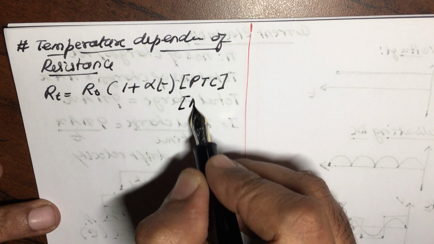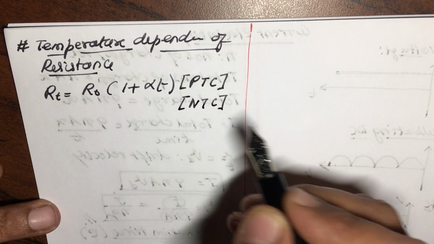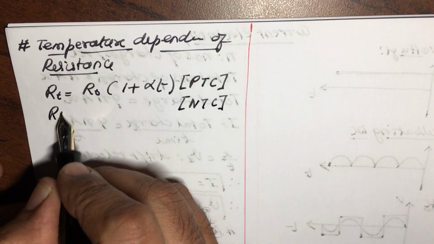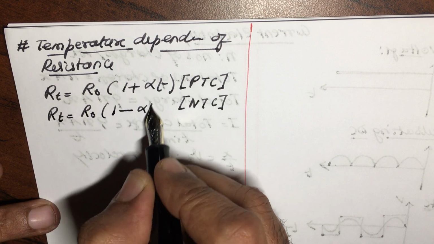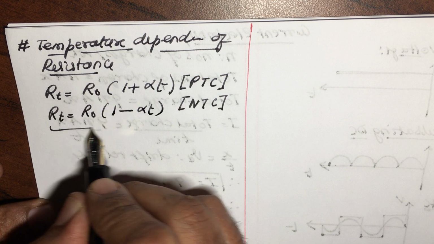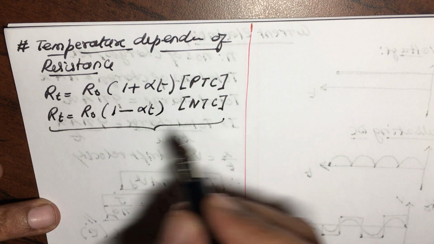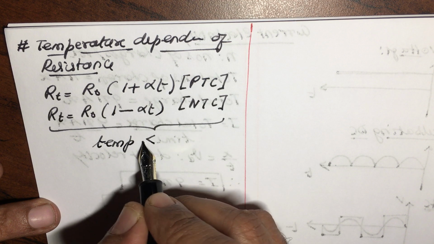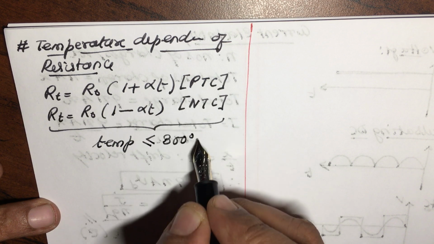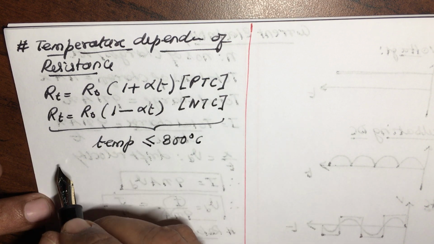If there is a negative temperature coefficient, for example a semiconductor, then you'll write RT as R naught 1 minus alpha T. Now please remember, both these are valid for a temperature which is less than equal to 300 degrees Celsius.